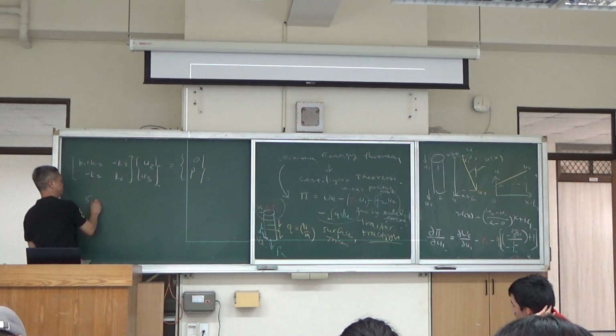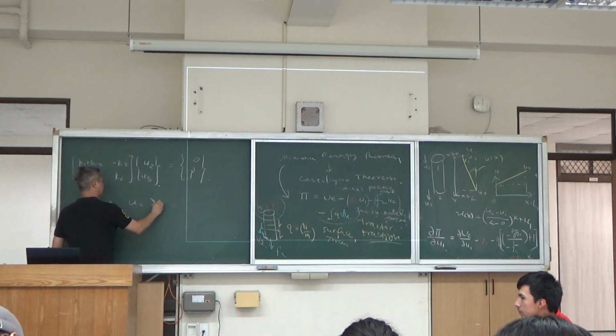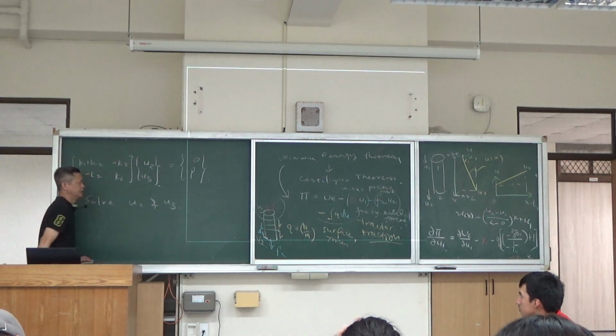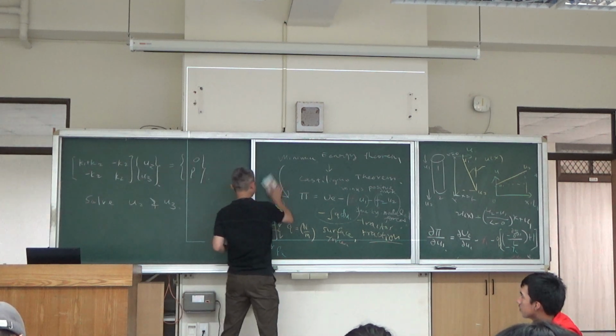So you have to solve for U2 and U3. The first thing we will teach you is how to solve this by Gaussian elimination.